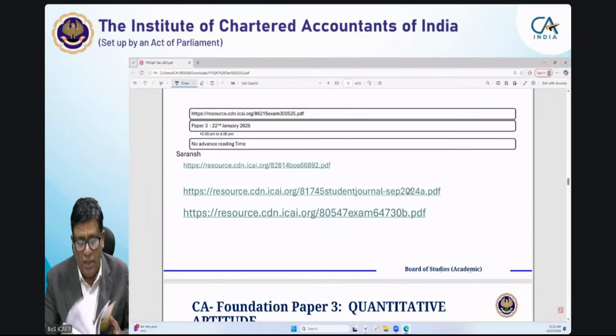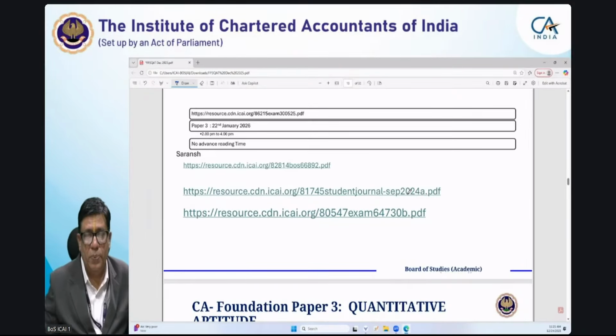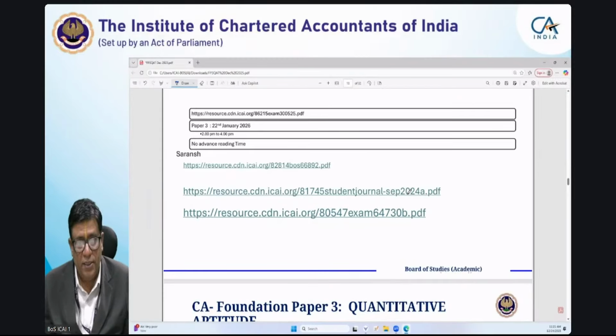Even some of the answers and important questions of the paper, especially from paper 1, chapter 1 and chapters 3 and 4, especially the mathematics of finance and even the statistics and logical reasoning parts. Many important questions are given with answers, which will definitely be helpful and guide you from the examination point of view.